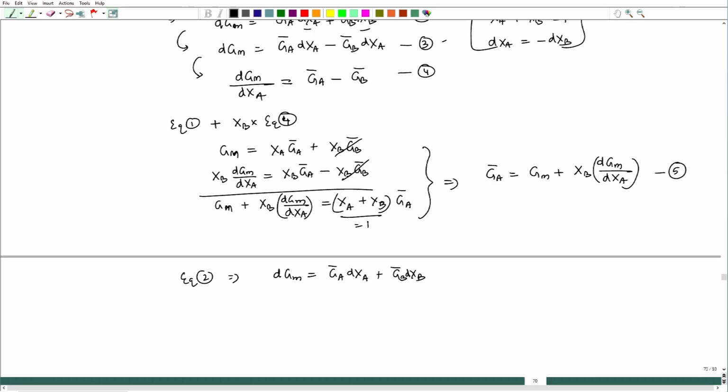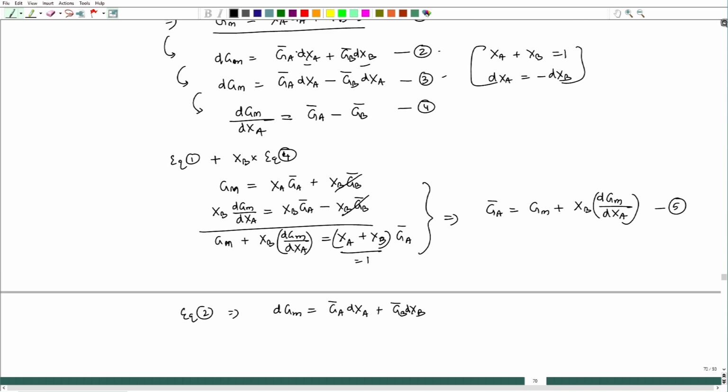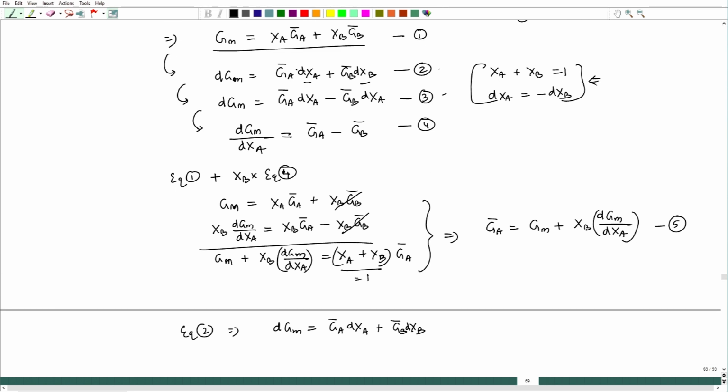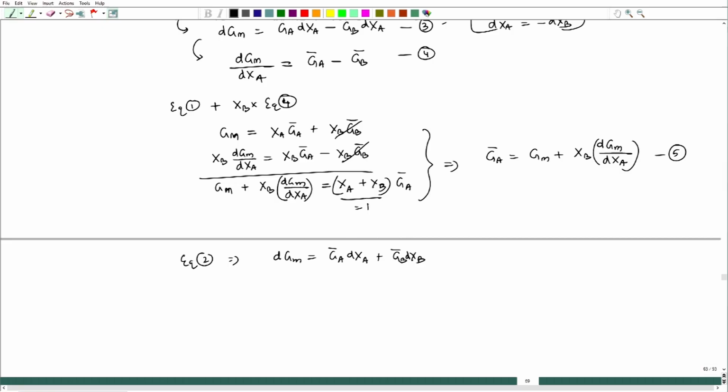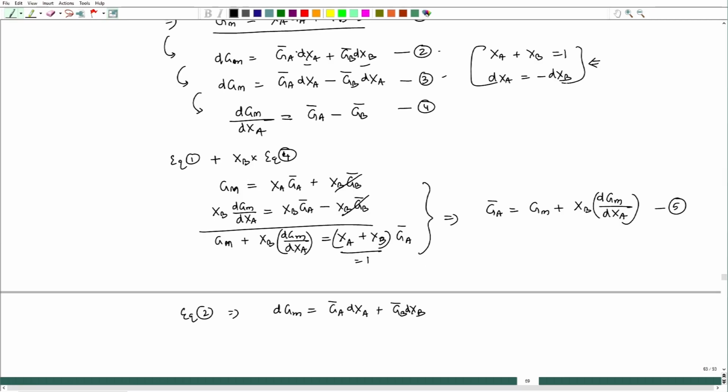So, now if I use this same replacement, same treatment here, instead of dXA I will replace dXB, instead of XB I will replace dXA, then let us see what happens. So, now I can replace it equal to minus plus GB dXB.